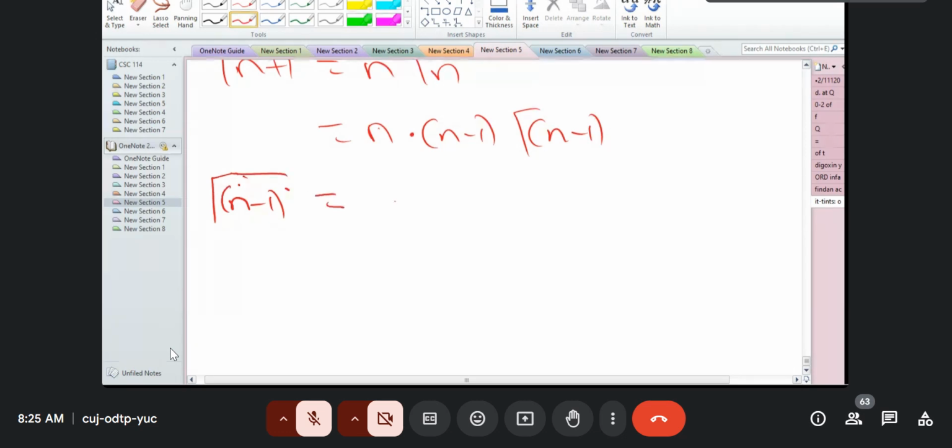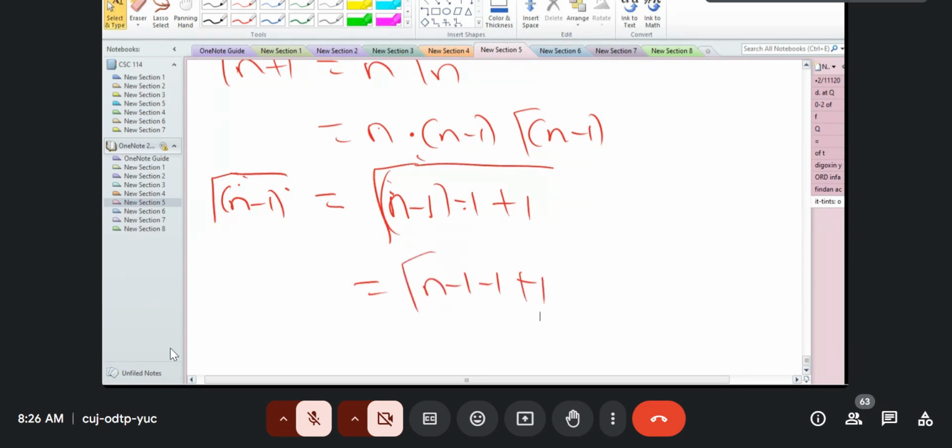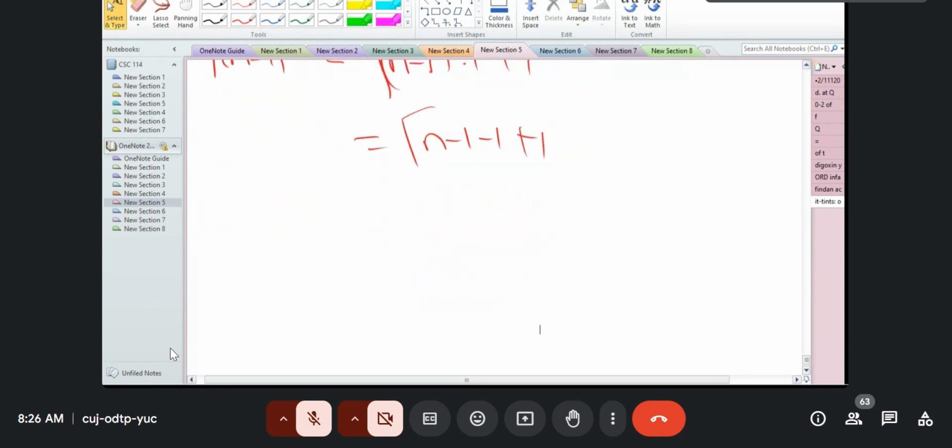If I subtract 1 from n minus 1 and then add 1, I'll still have the same thing. So this is equal to gamma of n minus 1 minus 1 plus 1. But minus 1 minus 1 is minus 2.